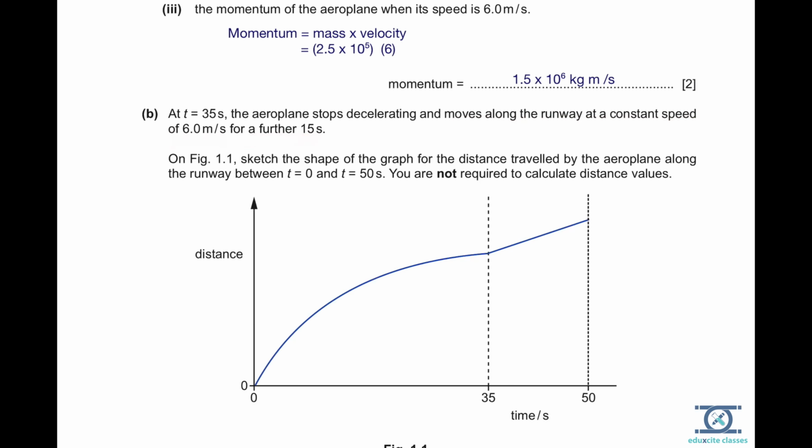So for a constant speed, we will have a straight line with a positive gradient. It will be curved till 35, then a straight line till 50 seconds. Please remember, at this point the gradient will not be 0, the line will not be parallel to the axis, it will have some gradient, and then it will have a constant gradient from 35 to 50 seconds. Okay.